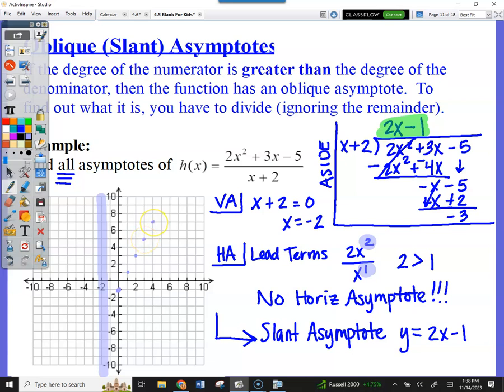So you can kind of see the slant asymptote. It's a line, so it's a slanted line. Where's your curve in here for sketching purposes? It's here. And here. So the graph looks a little different when you got that slant in there.